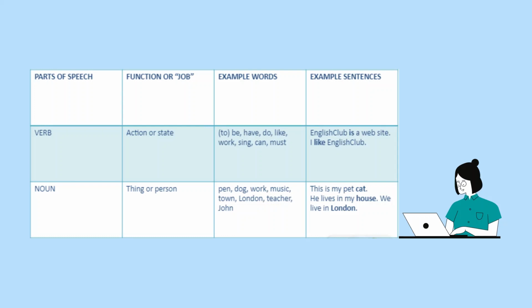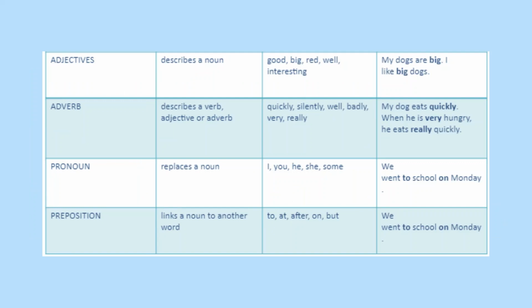Now let us see another part of speech, that is adjective. The main function of adjective is describing a noun. Seeing some example words of adjective, the first one is good, then big, red, well, interesting, and the list goes on.